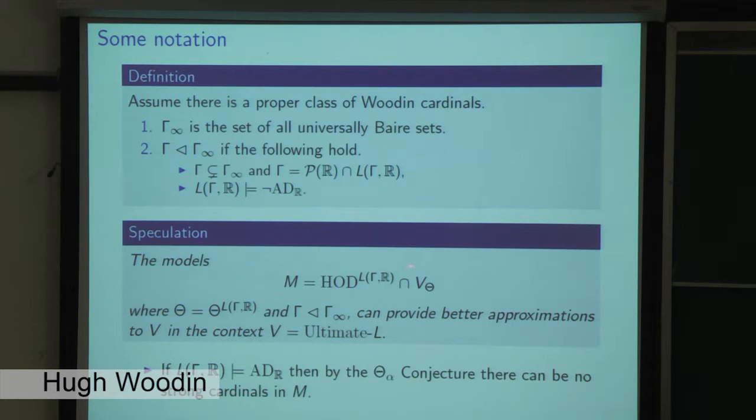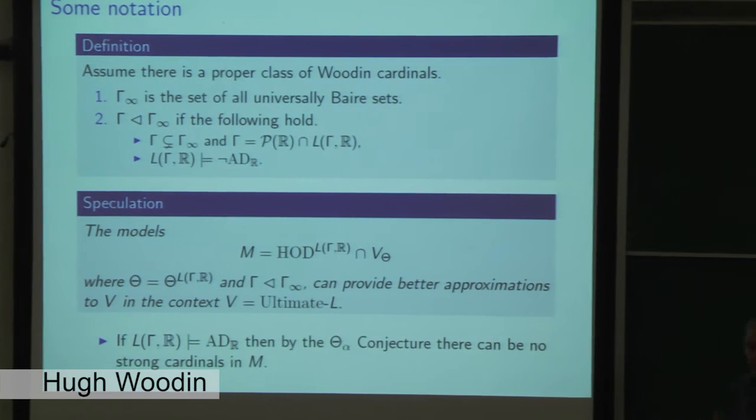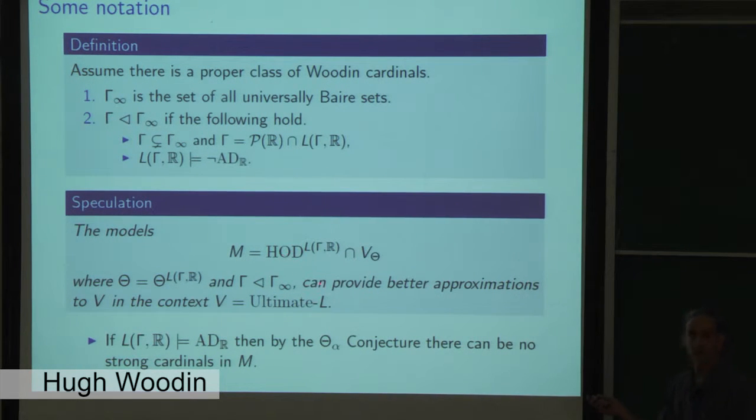So we're cutting Hod at a Woodin cardinal. We have all kinds of stuff below. So it seems reasonable, you've got strong cardinals in this model and so forth, that maybe if you just make gamma more and more closed, you can reflect more and more sentences into these models.